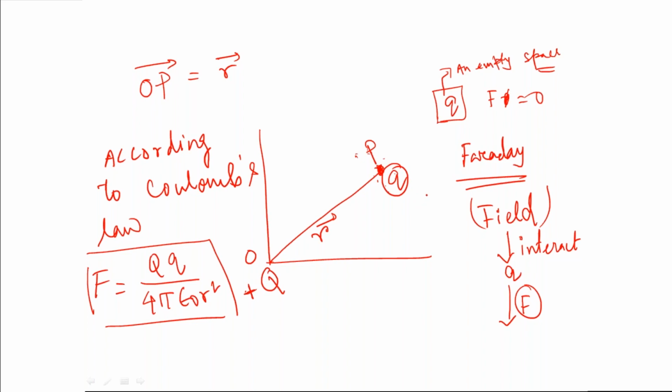So in the early days of electrostatics or electromagnetic theory, Faraday and other scientists argued this phenomenon, and they arrived at a conclusion that there is something called field. Since we are defining electric, the field is created by what?